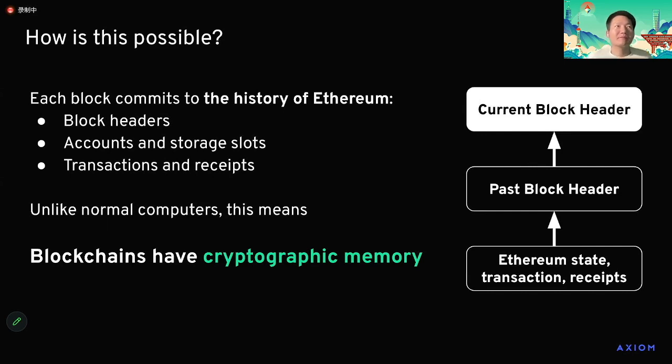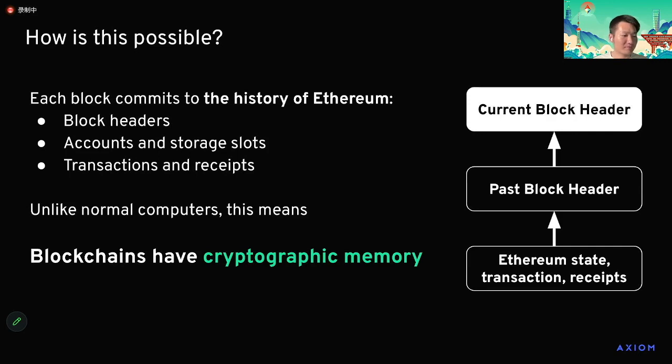For Ethereum, the way that this works is that the current block contains the hash of the previous block, and the previous block contains the hash of the block before that, all the way back to Genesis. So in this way, any block of Ethereum commits to the previous block headers of all blocks in Ethereum.